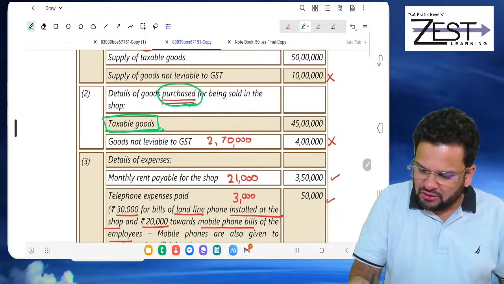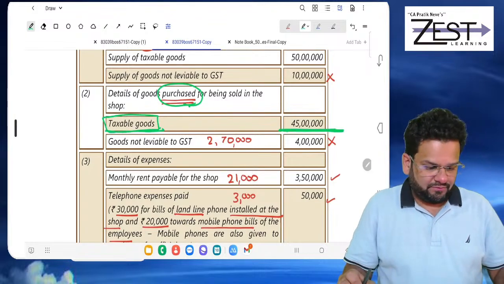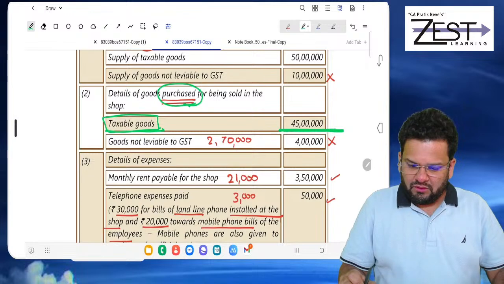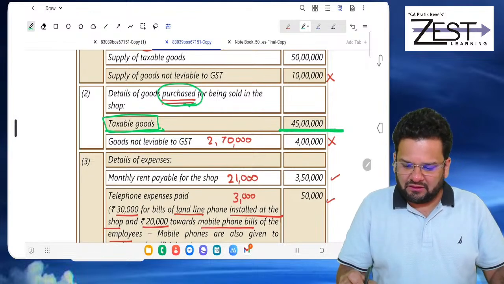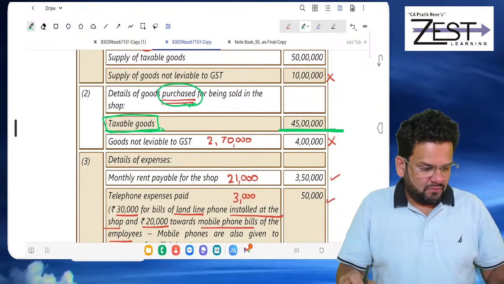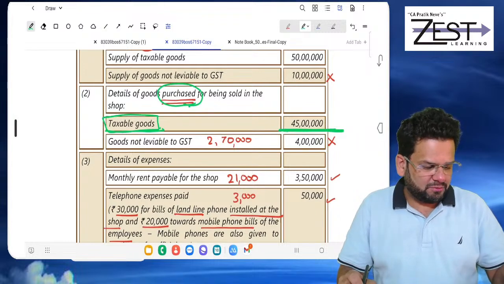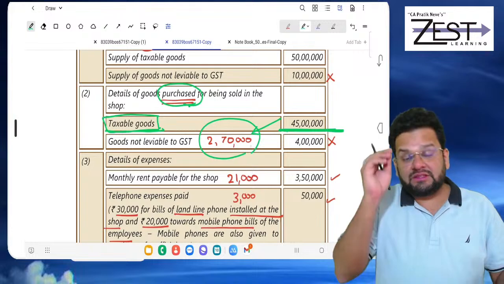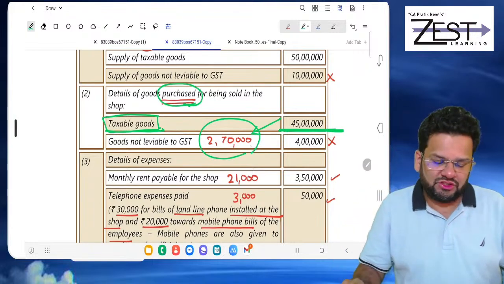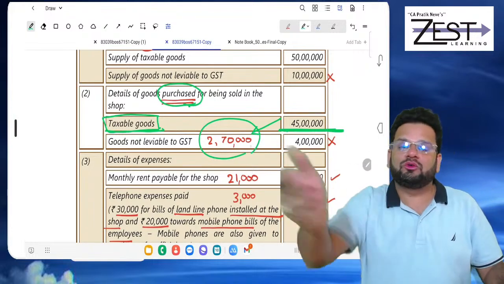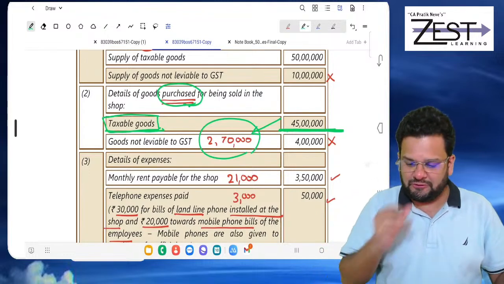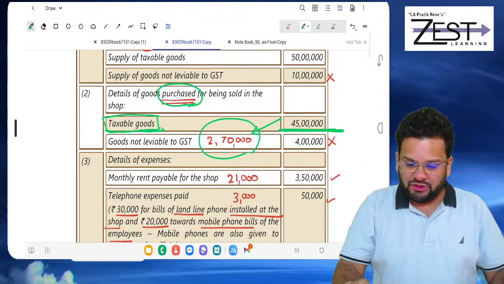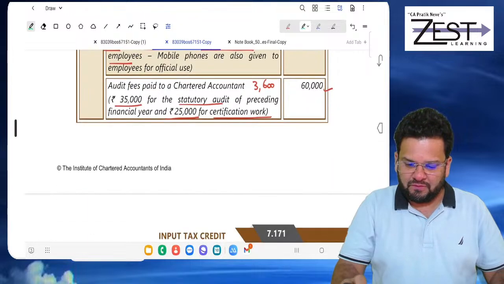Taxable goods 45 lakhs. So do you agree that 45 lakhs into 6%, that is this 2,70,000, is the input tax which is used only for making outward supply of taxable goods? Yes, so this 2,70,000.